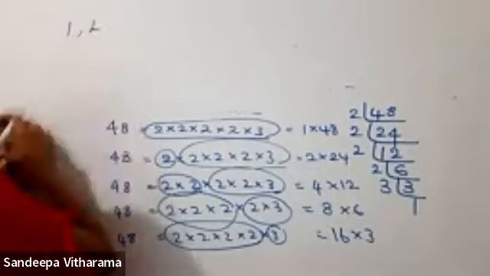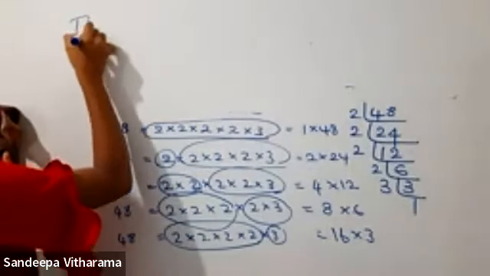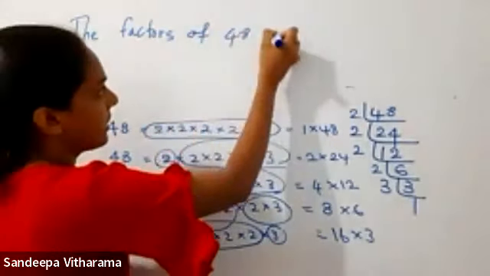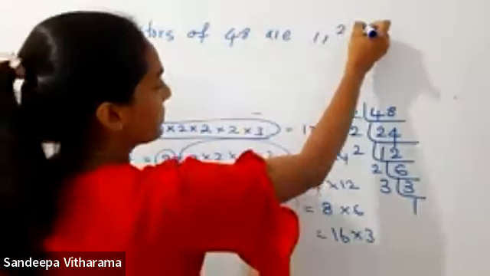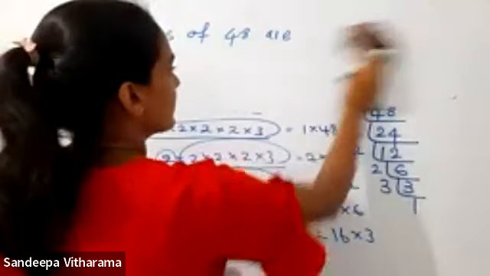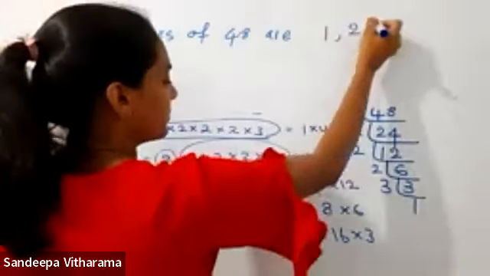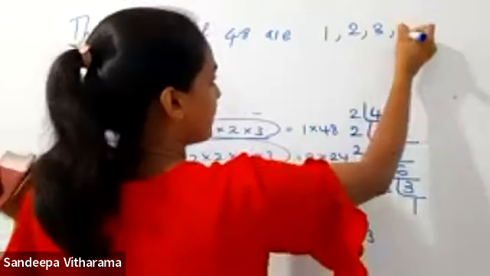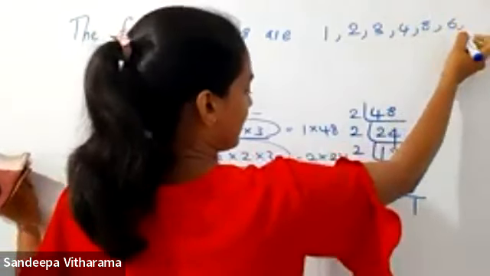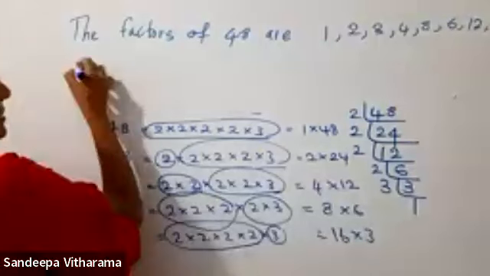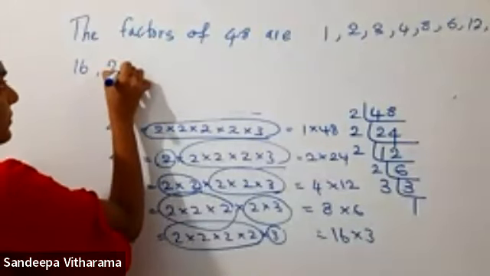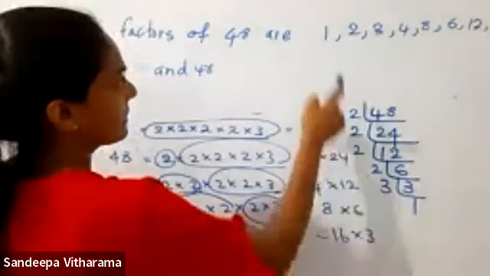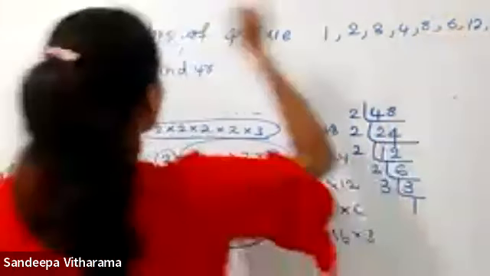The factors of 48 are 1, 2, 3, 4, 6, 8, 12, 16, 24, and 48.